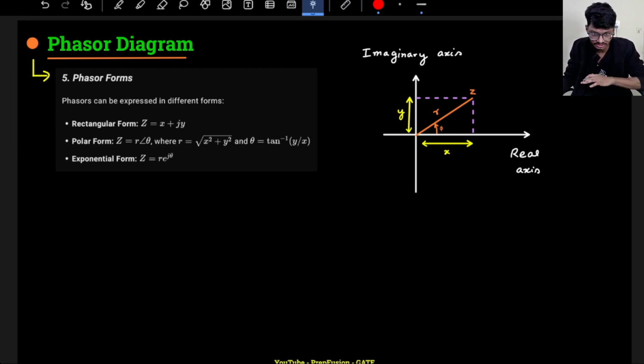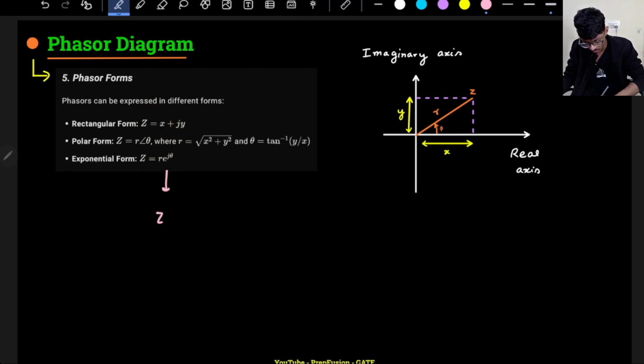Complex number representation and phasor representation are ditto the same, just the physical significance changes. So if you ever want to go from rectangular form to polar form, or from polar form to rectangular form, you know this formula: r cos theta, the real component, plus j r sine theta. This much you know, right? I hope I don't have to explain this part. So you can come back to this format.